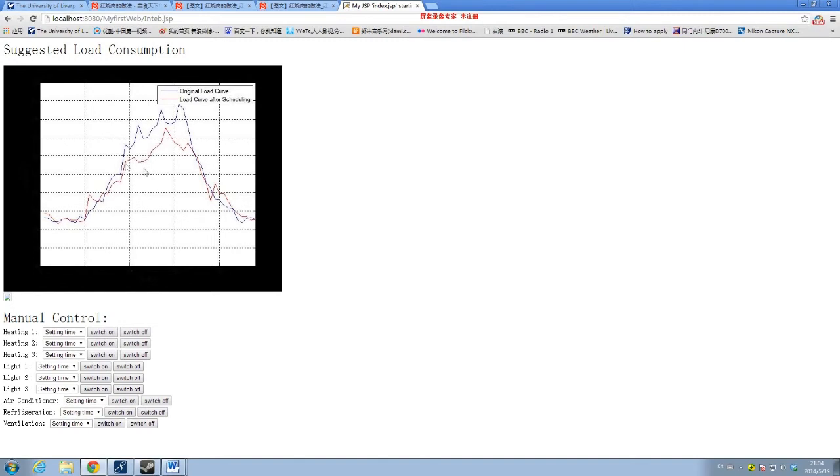And the red curve shows you the scheduled load, which will be compared to this blue curve. The blue curve is just a reference.